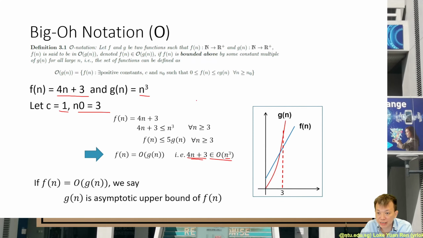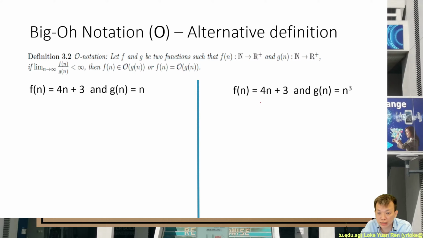This is one definition. Another definition you can use is to take the limit of f(n) over g(n). If you take the limit as n goes to infinity and the result is less than infinity, it implies that g(n) grows at the same rate or faster than f(n), so that this ratio gives you something less than infinity.